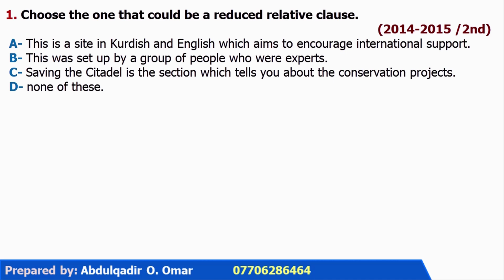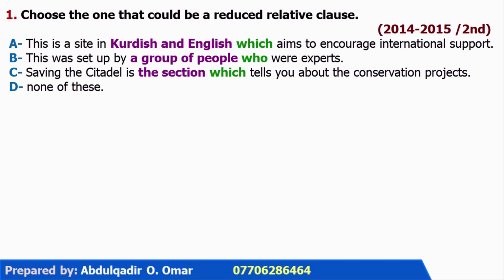Question number 1. Choose the one that could be a reduced relative clause. Well, in a question like this, there are 2 things that should be focused on. First of all, make sure there is an agreement between the relative pronoun and the preceding noun in each option.